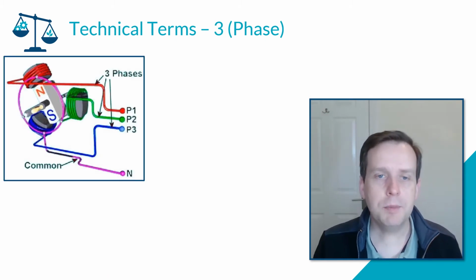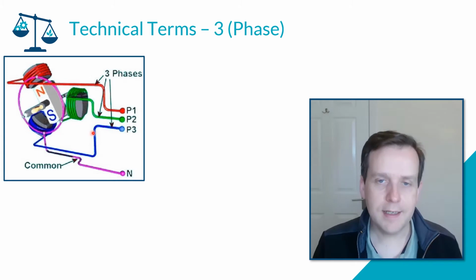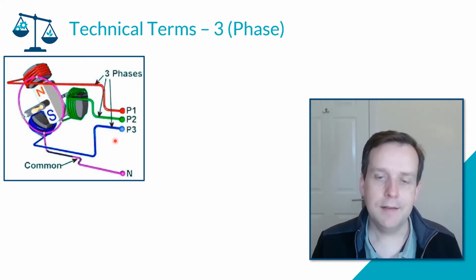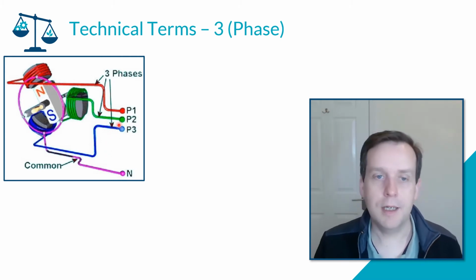So I've mentioned a couple of times already three-phase. Electrical generators generate what they call three-phase electricity, and that means for each rotation of the magnet we get three individual current supplies.